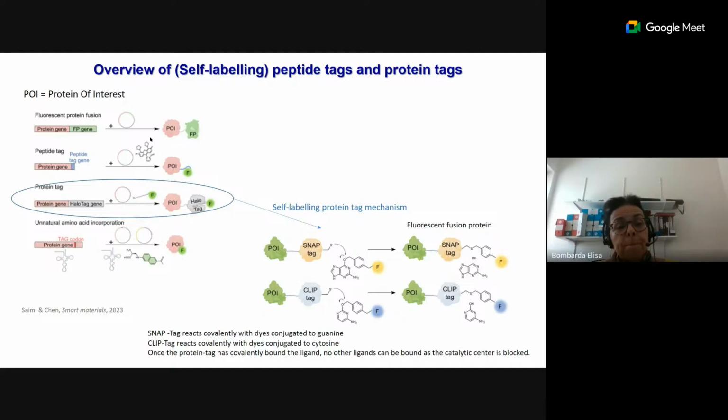Here is an example. We can label our protein of interest, which is in pink here, with a fluorescence protein, GFP for example, or one of its variants, according to the property that we want to study and the wavelength that we want to focus on.